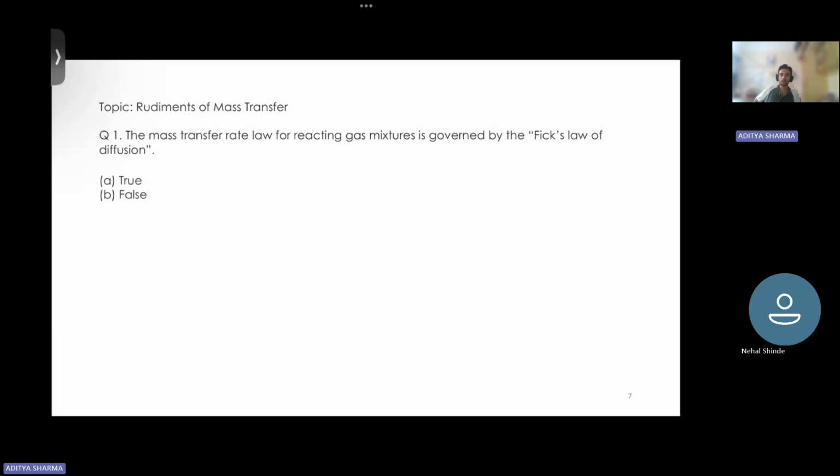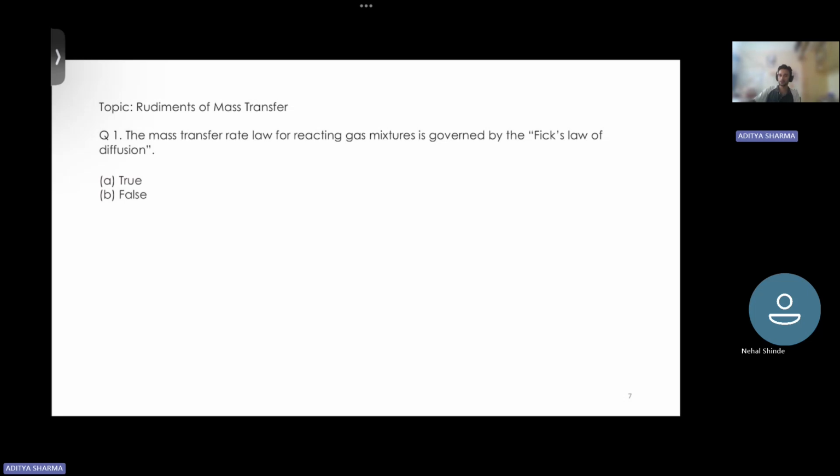So when we discuss the fixed law of diffusion, the discussion is limited to only non-reacting gas mixtures. When we are trying to analyze using fixed law of diffusion, your diffusing species have to be non-reacting.